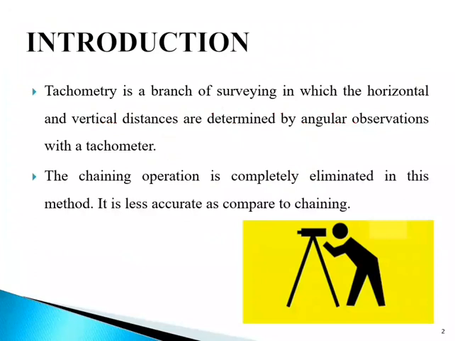Tachometry survey is adopted in rough and difficult terrain where direct leveling and chaining are either not possible or very tedious. Though less accurate, this method of surveying is very rapid and convenient.